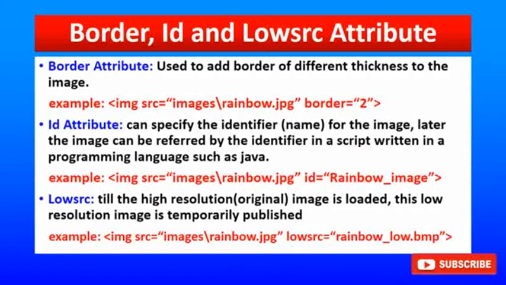Next attribute is ID attribute. With the help of the ID attribute, you can specify an identifier, that is name, for the image. Later, the image can be referred by the identifier in a script written within programming language such as Java.